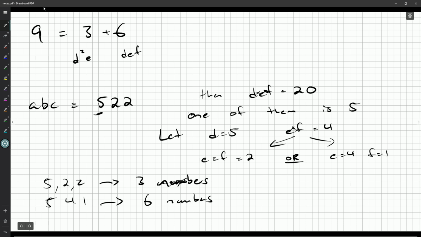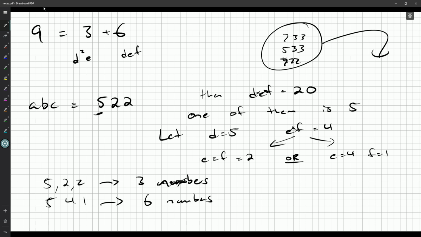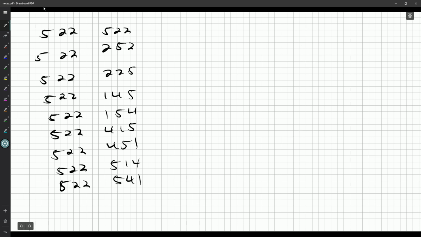So, yeah, 733 would have to work, 533, 722. I think these would work. There might be more. If you have any more, by all means, let me know down below. There are lots of different ways to get 9, I would guess. But these ones just follow this particular pattern based on the prime stuff that we saw in A, used in B, and are using again in C. And I like it when that happens.